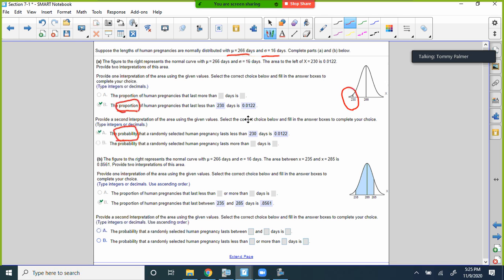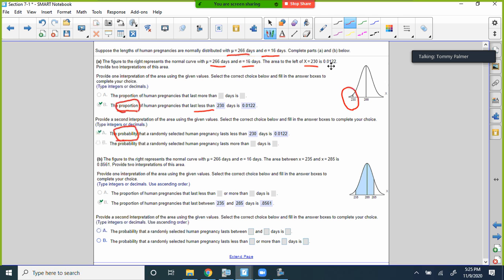But this is less than 230 days, and it tells you that figure A represents the normal curve with a mean of 266 and a standard deviation of 16, with the area to the left of 230 being 0.0122, right?